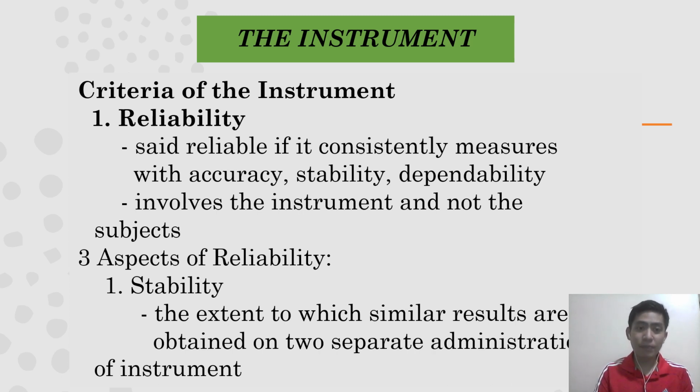We have stability, the extent to which similar results are obtained on two separate administrations of the instrument. So for stability, if you pilot tested the questionnaire for your research on the effects of therapeutic touch on end stage renal disease patients, and you tested it on therapeutic touch for end stage cancer, stage 3 or stage 4 cancer, the results should be almost the same.